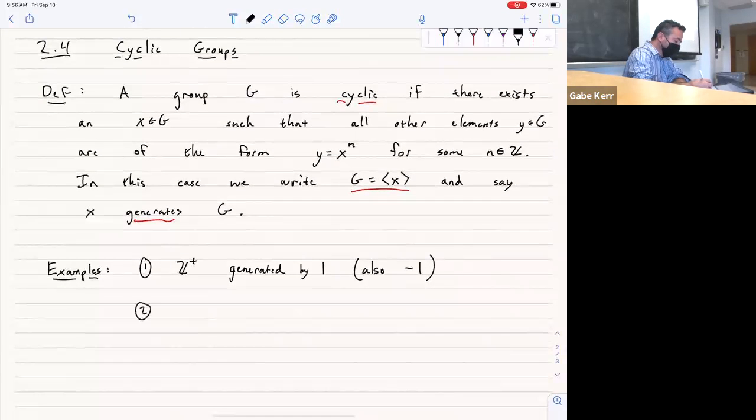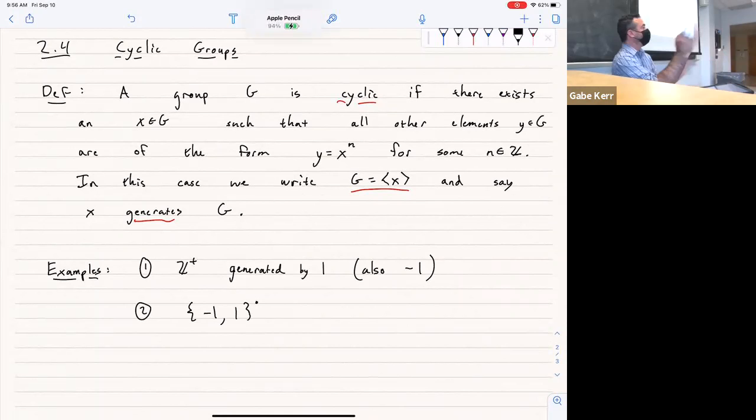Another example. I'm talking about 1 and -1. Take multiplication of 1 and -1. Take these two numbers and multiply them by each other. They're certainly closed, right? -1 is its own inverse. If I square it, I get 1.